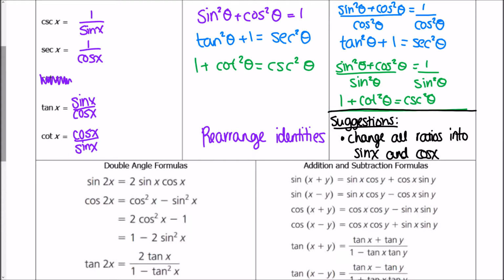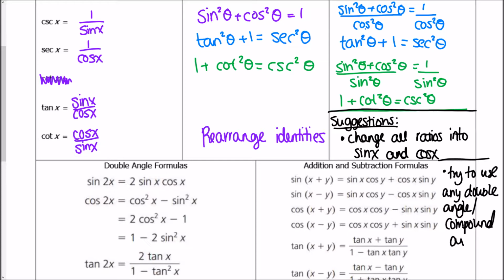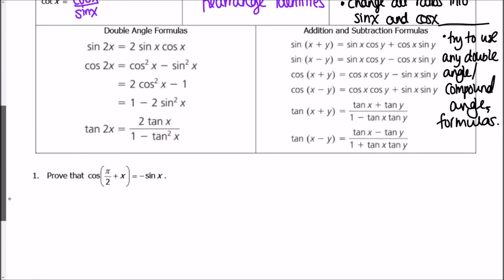My second suggestion is for you to try to use any double angle or compound angle formulas. And to be honest, it's not always going to be useful, but sometimes it will. Okay? All right, so let's go ahead and do example number 1 right here.